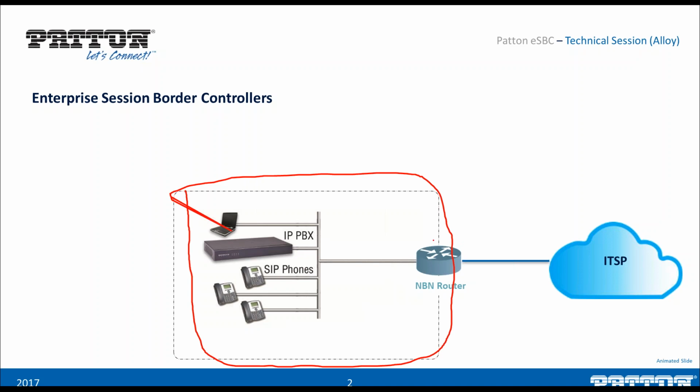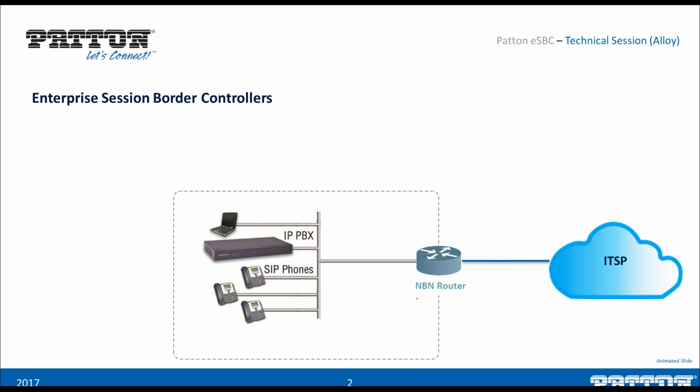When this customer network connects to an ITSP, which is on the right hand side, this is a basic customer setup where he's connected via an NBN router, as you can see in the center. And how we can basically look at this session border controller: what it is, how it is deployed, where it is deployed, and what it offers. All these features we'll discuss now.